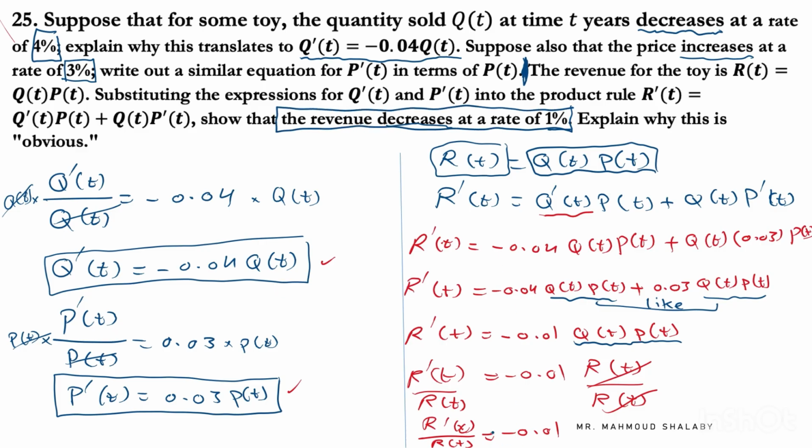R prime of t over R of t is the revenue rate: negative means decreases, and 0.01 means 1%. So I will write the statement: the revenue decreases at a rate of 1%. And the question is done.